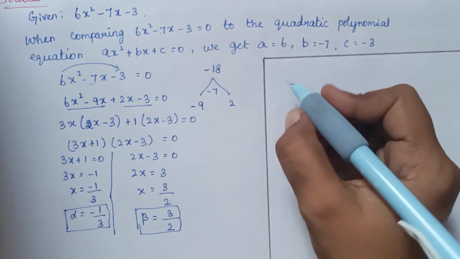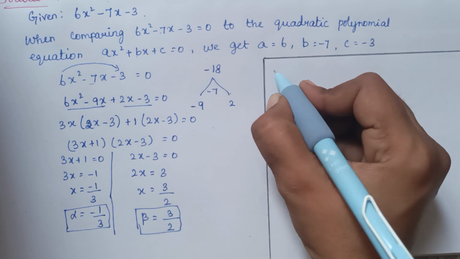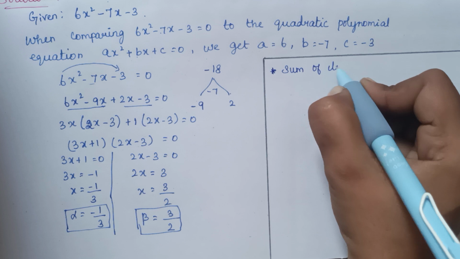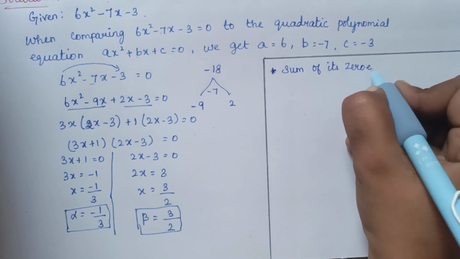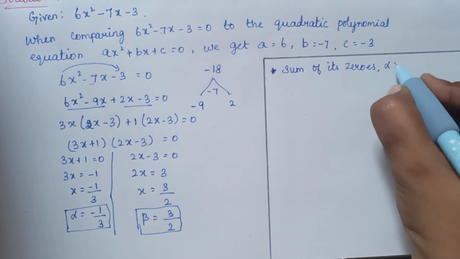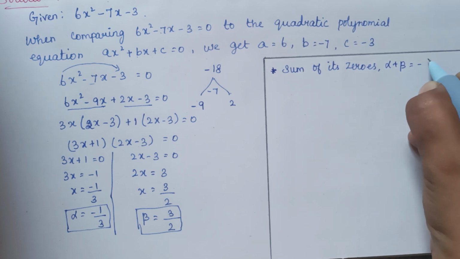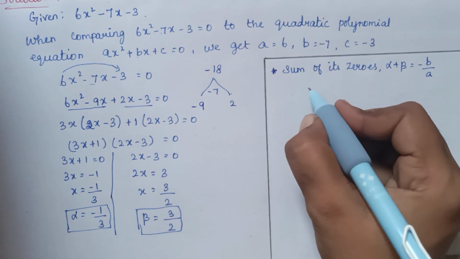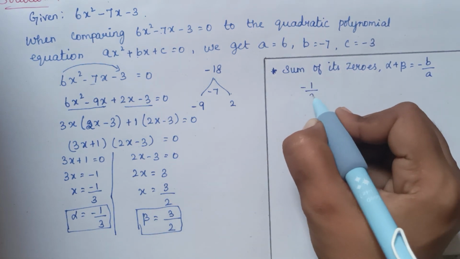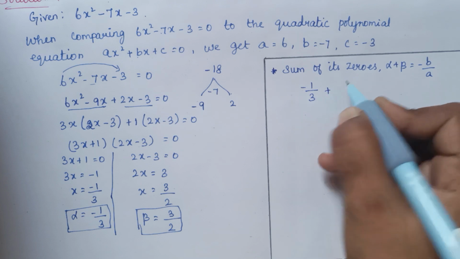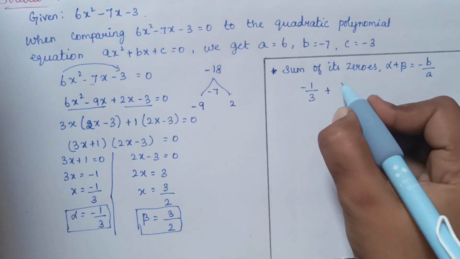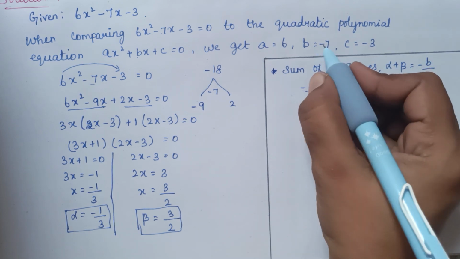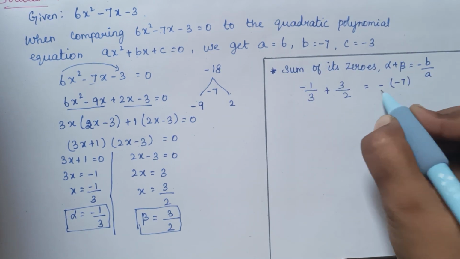So now verify this with the relationship formulas, that is sum of its zeros, that is alpha plus beta is equal to minus b by a. So we know the value of alpha, that is minus 1 by 3 plus, so beta value 3 by 2 is equal to minus b, minus 7, by a.